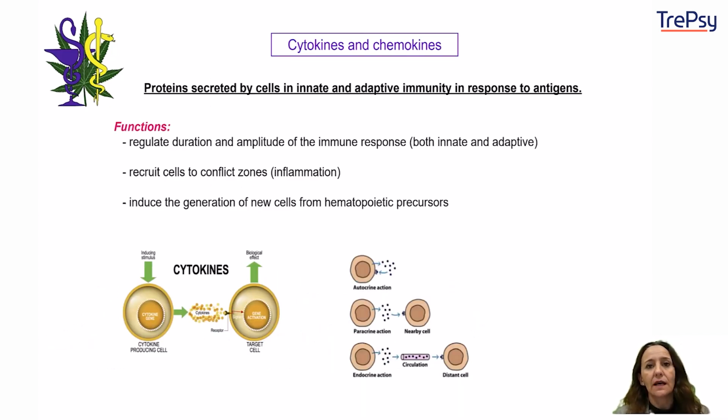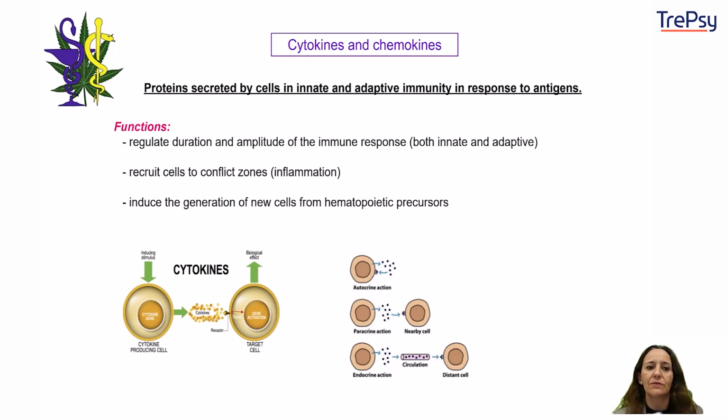So cells have to communicate between themselves, and they do it thanks to proteins secreted by different cells in the innate and the adaptive immunity, in response to antigen. Cytokines are proteins that are secreted and that regulate the duration and amplitude of the immune response.